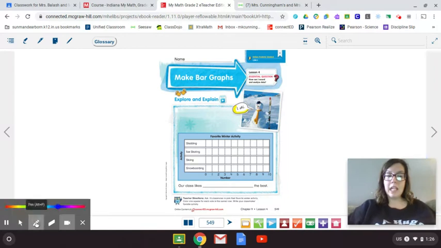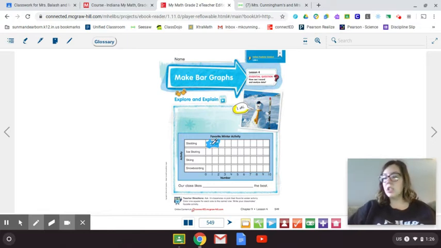So I'm going to pretend like 2 people like to sled. So I would color in 2 boxes the best I could. This doesn't need to be perfect. You guys are going to be doing this on your actual worksheet, so it'll look different. I'm going to say 3 people liked ice skating. 1 person liked skiing.